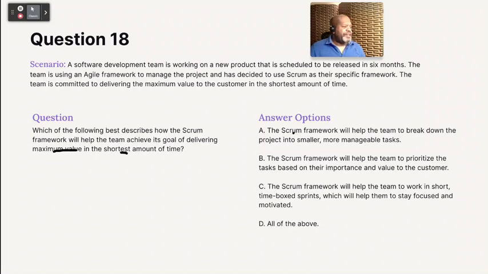The Scrum framework will help the team to break down the project into smaller, more manageable tasks. I like that. The Scrum framework will help the team to prioritize the tasks. And the Scrum framework will help the team work in short time box sprints, which will help them stay focused and motivated. I like them all. I don't know. What do you guys think?